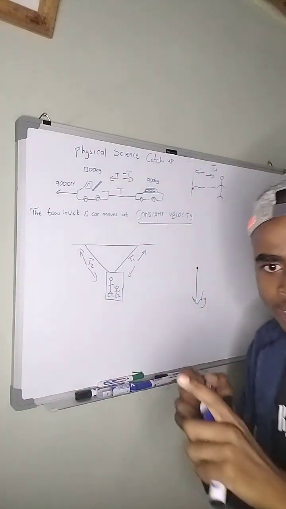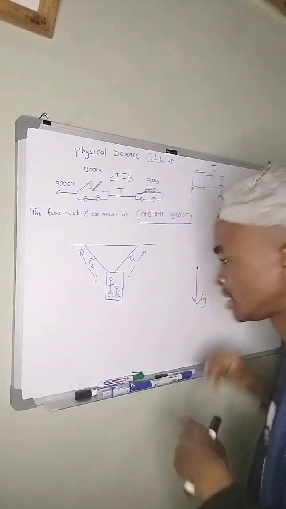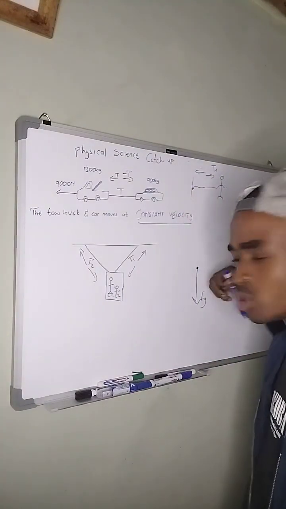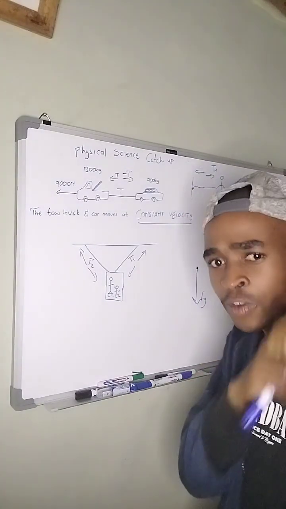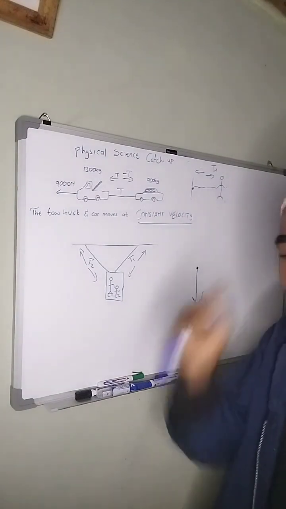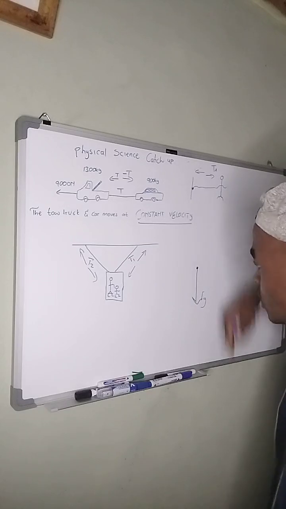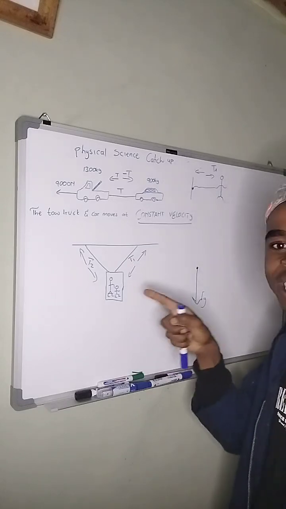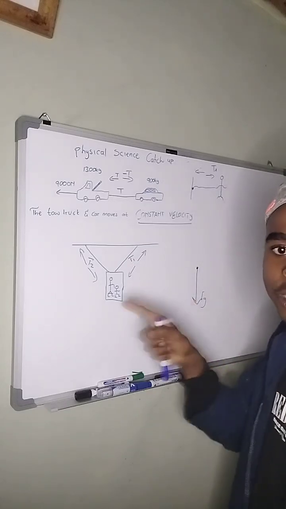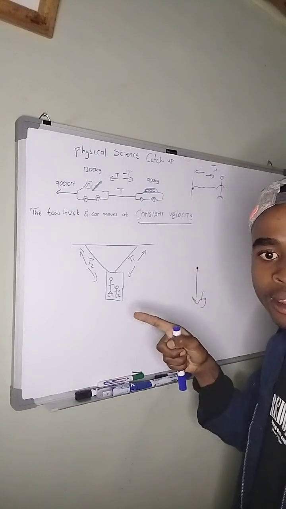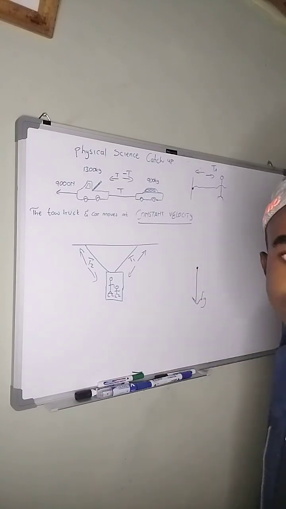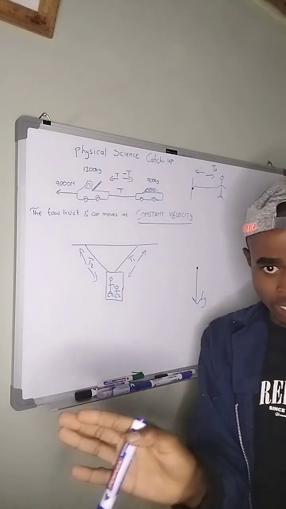Let me ask this question: what resists this object to go down? I need the forces that resist this picture to go down. It was supposed to go down due to the force of gravity, but we can see this picture is hanging. Tensions.